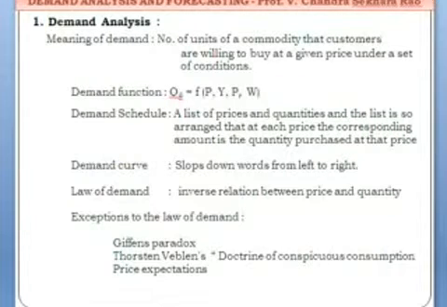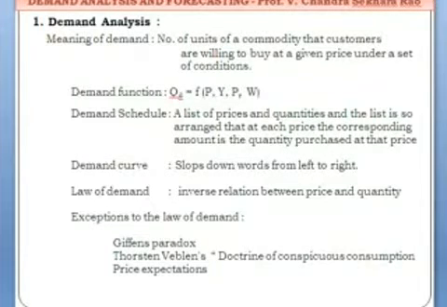In economics, we generally try to explain different types of functions: demand function, supply function, production function, cost function. So we should learn how to write a function and what is the meaning of a function. Generally, we write a function as dependent variable is a function of independent variables. On the right hand side, you have independent variables, and on the left hand side of the equation, you have the dependent variable.